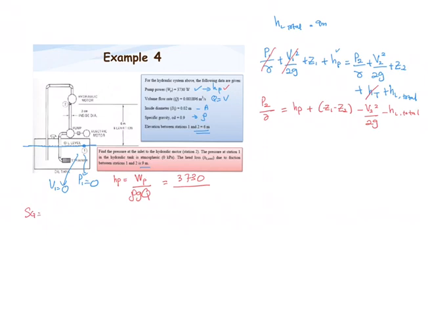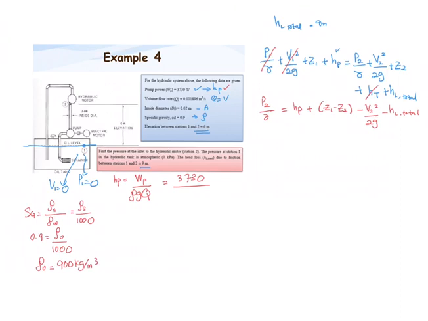Specific gravity is equal to the density of the substance divided by the density of water, which is 1000. The value for SG is 0.9. So the density of the substance, which is oil, becomes 900 kilogram per meter cube.